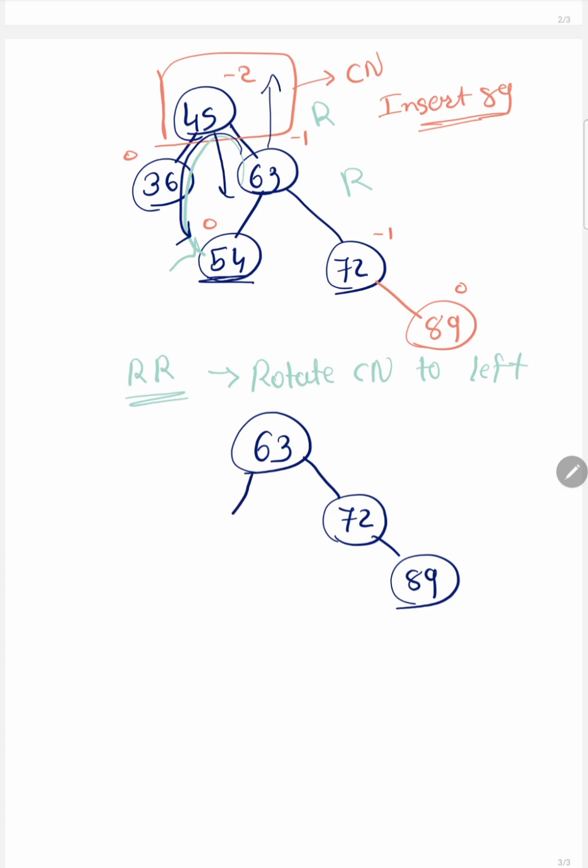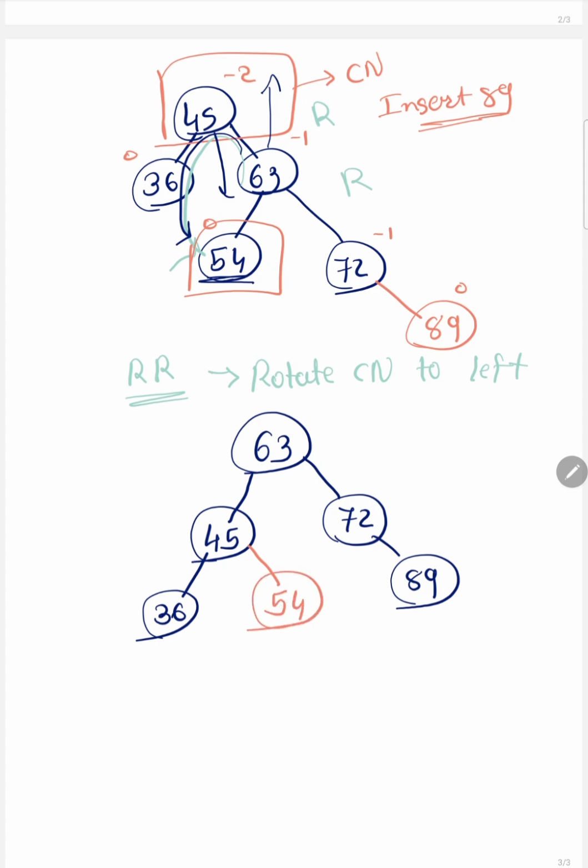So 45 will become the left child of your node 63. Now the left child of 45, that is 36, will remain as it is. But you might think, what about this 54? What to do with this 54? Because previously 54 was the left child of 63. So now it will become the right child of this 45. So here this is the place for 54.